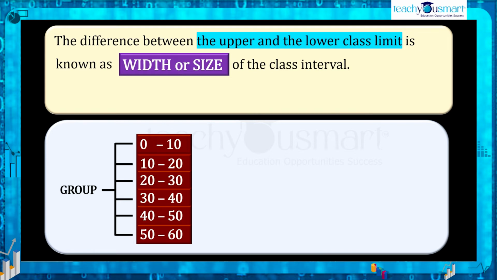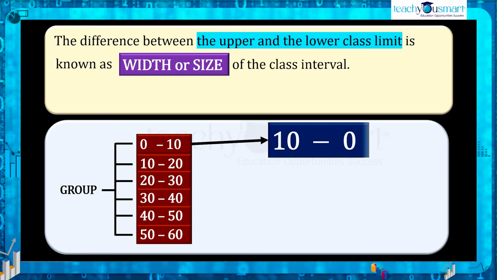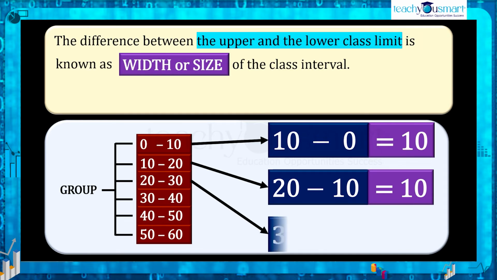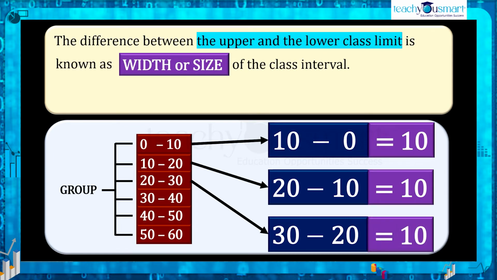Here, the width of the class 0 to 10 is 10 minus 0 equals 10. The width of the class 10 to 20 is 20 minus 10 equals 10. The width of the class 20 to 30 is 30 minus 20 equals 10. Thus, 10 is the size of this class interval.